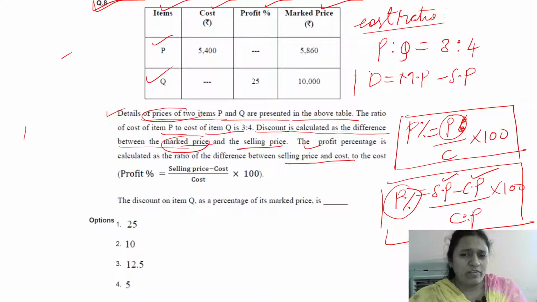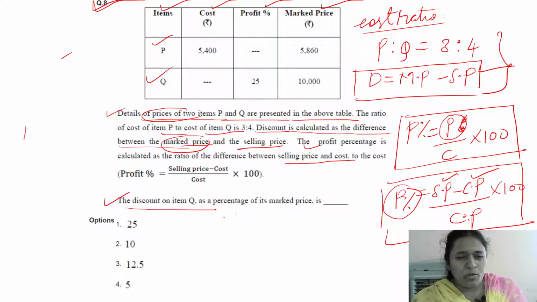This is also given: discount. How to find the discount? Discount is equal to market price minus selling price. This is the given data. Then what is asked? The discount on item Q as a percentage of its market price. Try to understand this question.